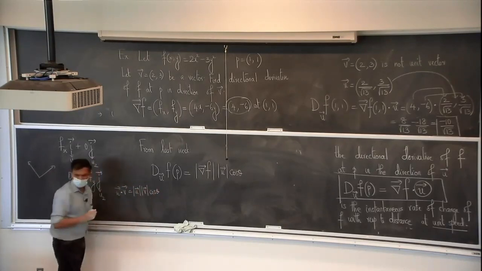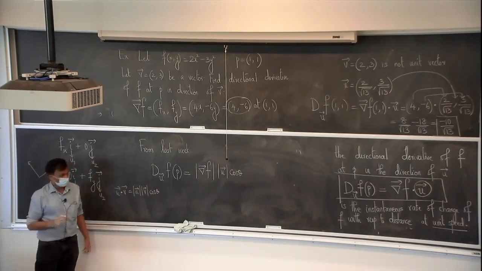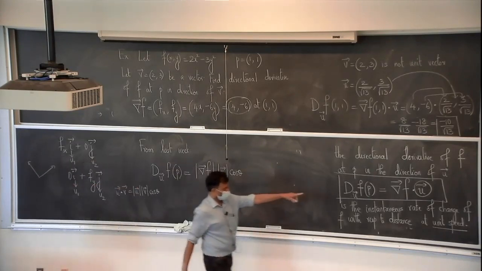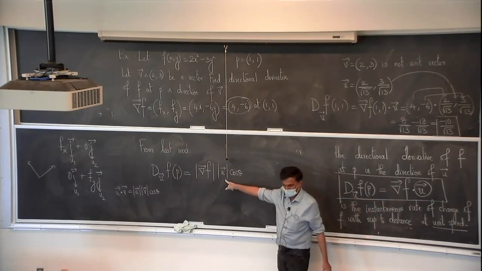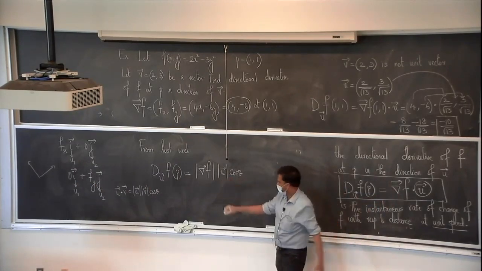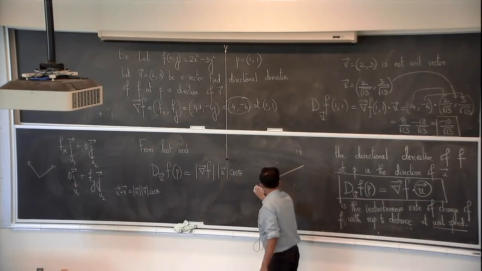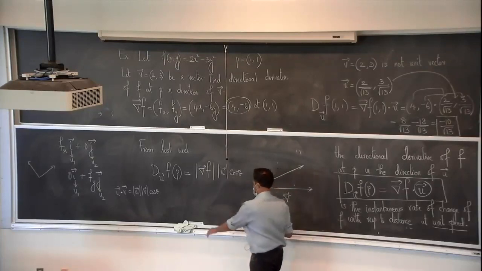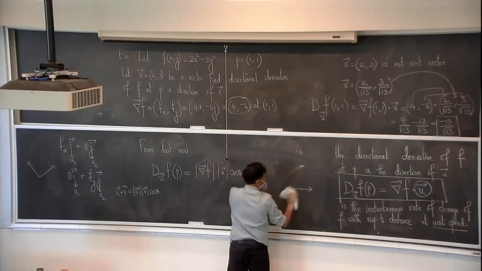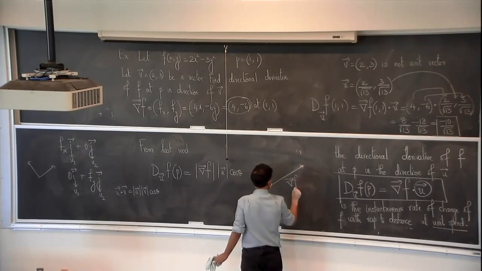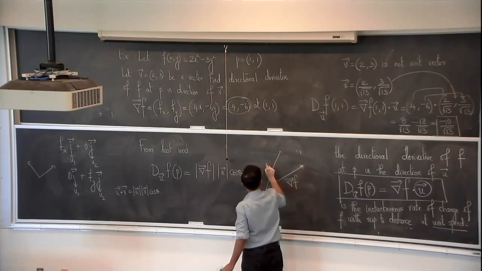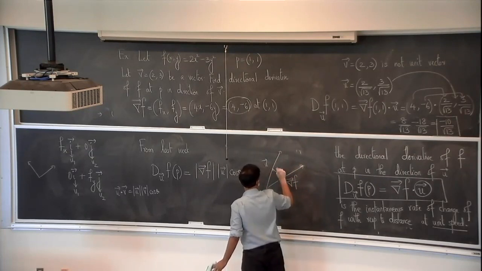So if I have the dot product of these two, that also should look familiar. So we have two vectors like this: the gradient of f like this, and some u like this.